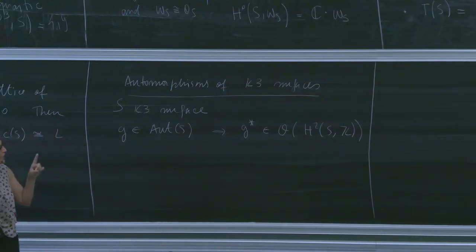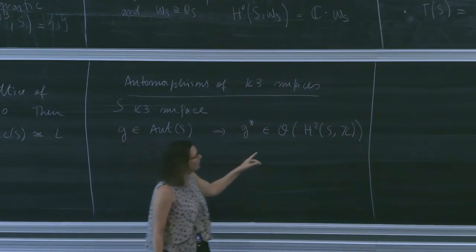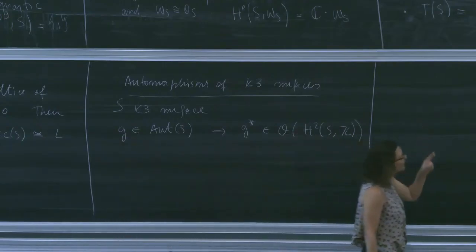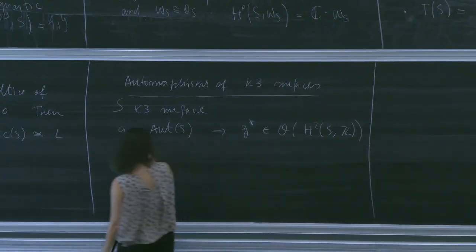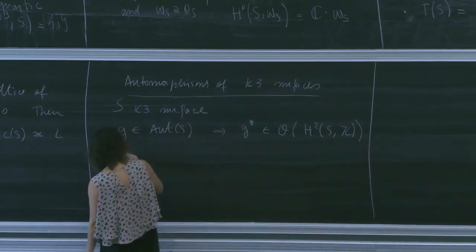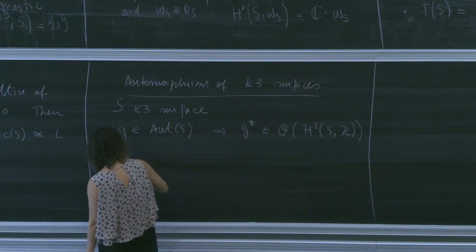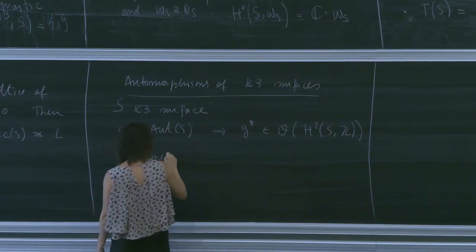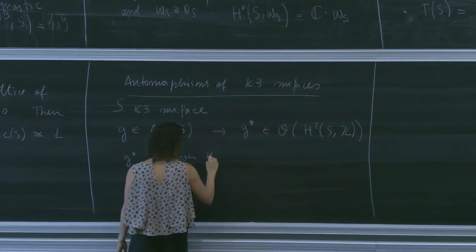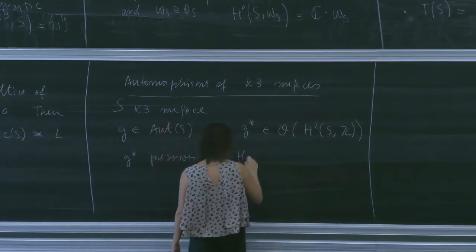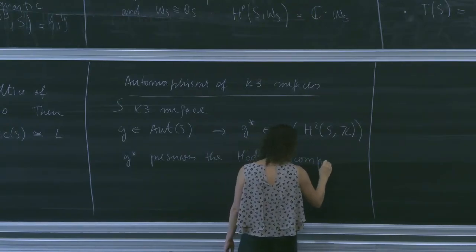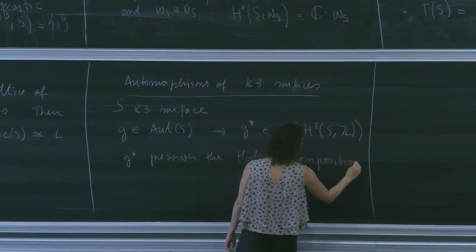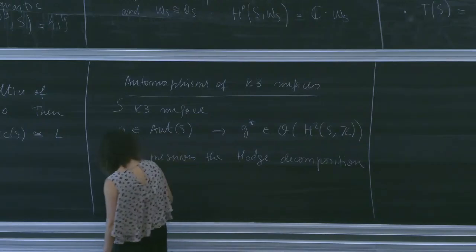But it's not any isometry, it's an isometry that preserves, if I tensor with C, the Hodge structure. So g star preserves the Hodge decomposition. This is what we call a Hodge isometry.